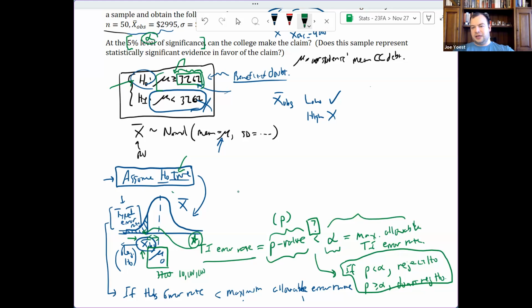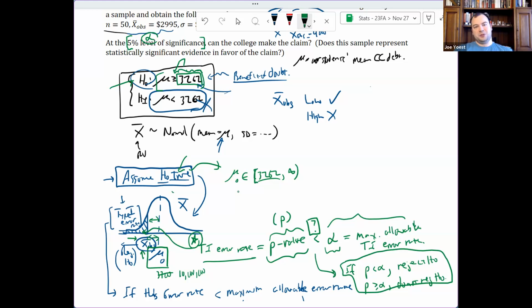So if H naught is true, then mu naught is in the interval from 3262 to infinity. If I can reject against a mu naught of 3262, I could also reject against a mu naught of 3263, right? That's going to give more separation between mu naught and X bar observed.